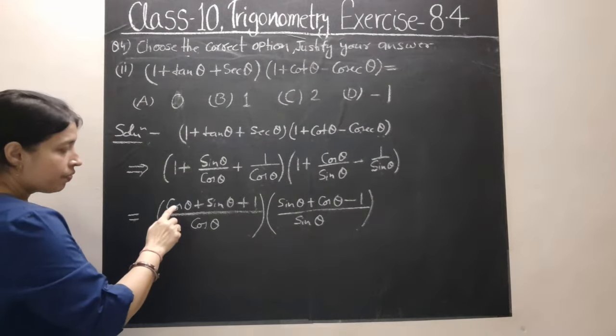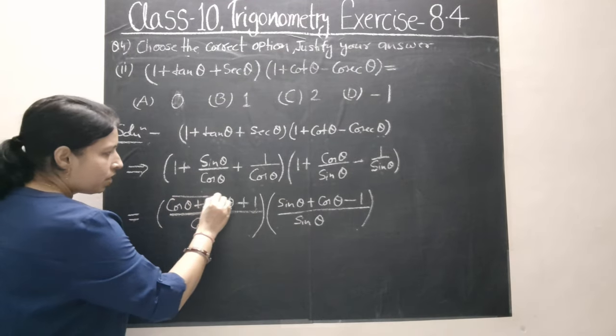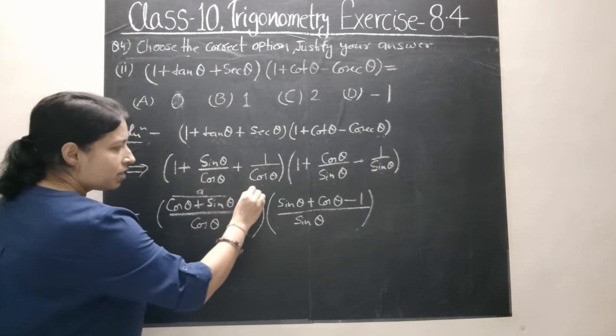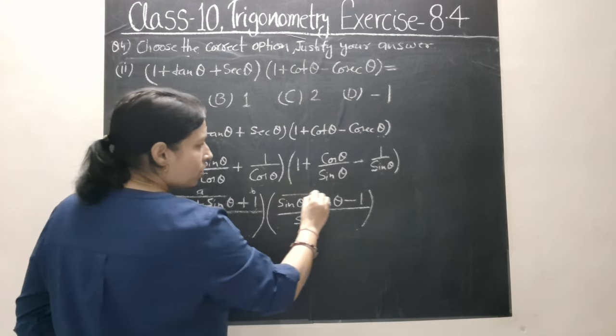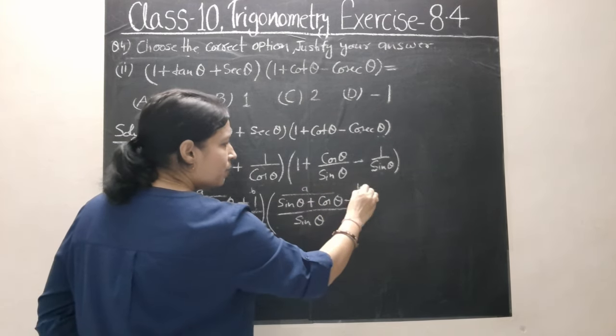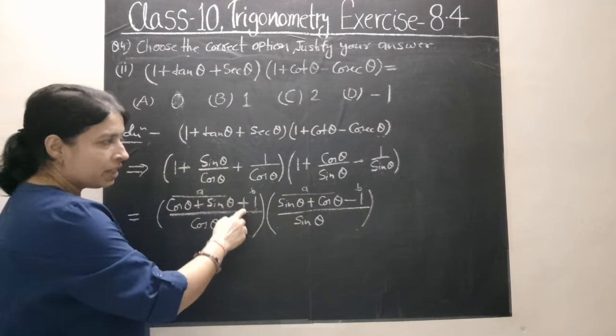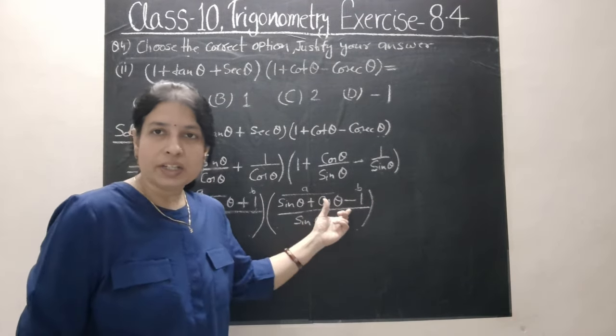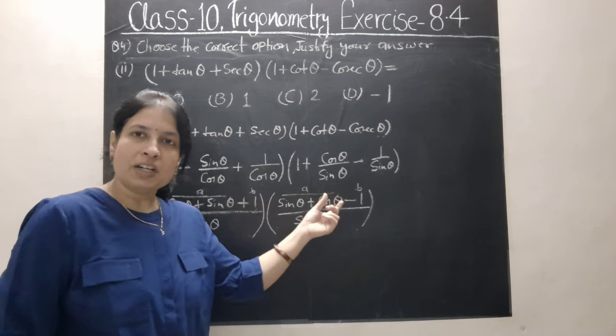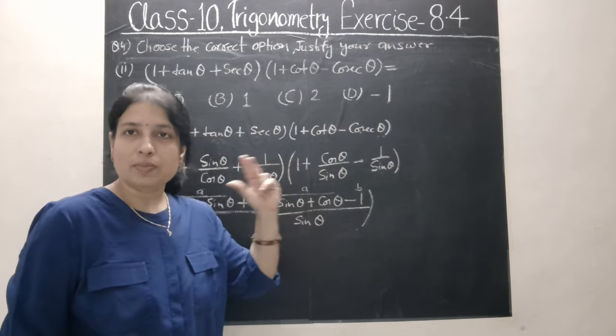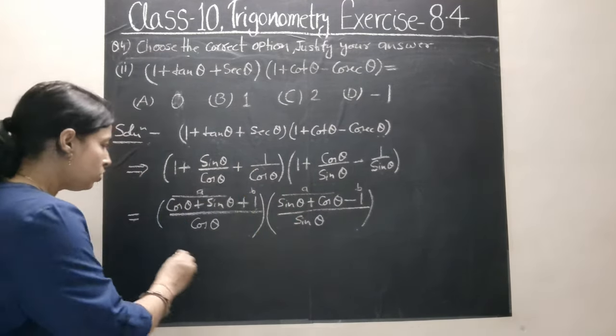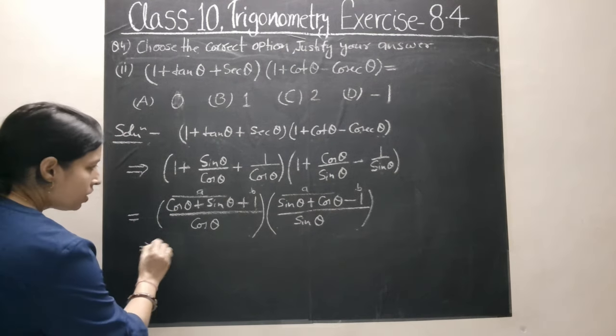Here see that if we take, this one is term A and this one is B. Here also it is A and it is B, so A plus B and here it is A minus B. A plus B into A minus B is equal to A square minus B square. So use that.